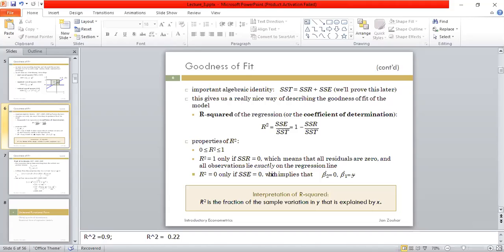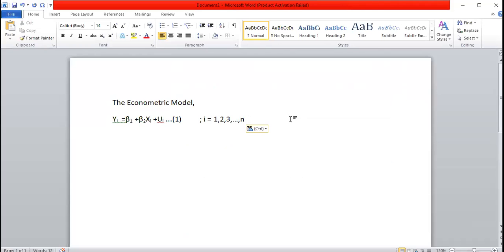Okay, let's move on to the other kind of issues now. The next thing we ask is, how good are the estimators? So what are the estimators?